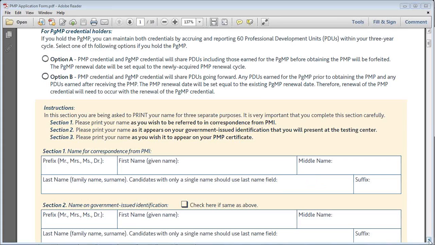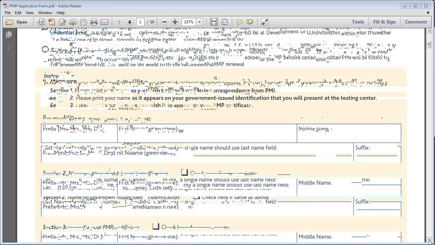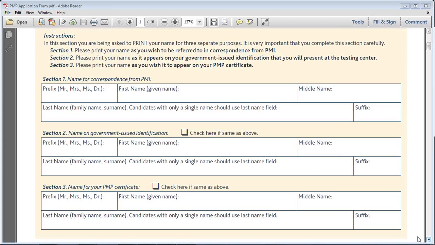Section 2 is name for correspondence, which means this is how your name will be on all the documents that will be sent from PMI. The next one is name as on any government identification document, so passport or something.